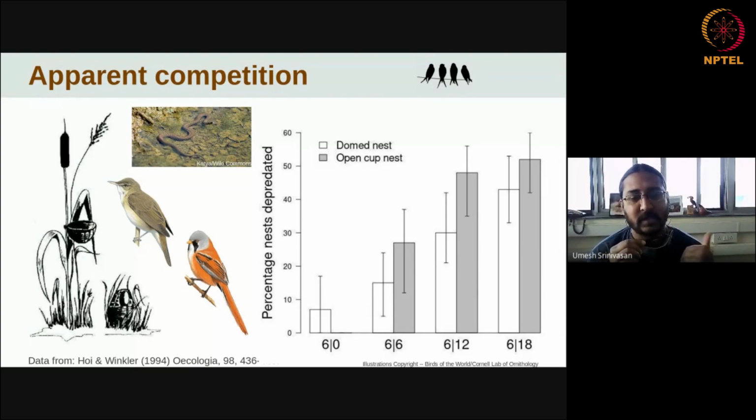That is because the higher number of open cup nests might attract predators to the habitat, and the same predator also preys on the dome nest. So if you increase the number of open cup nests, the predator of both the domed nest and the open cup nest also increases in either abundance or activity, and therefore the predation on the dome nest also increases.